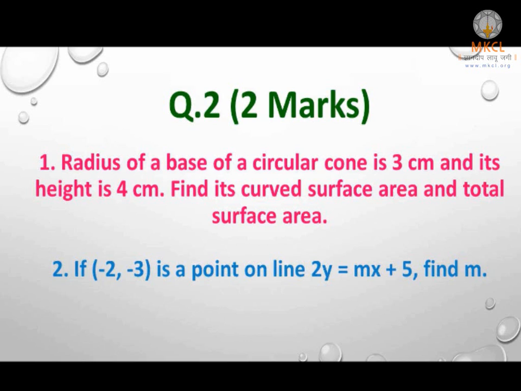Therefore, substituting x = -2 and y = -3, you will get an equation in which x and y variables will not appear and you will get the value of m. This is the slope of the line.